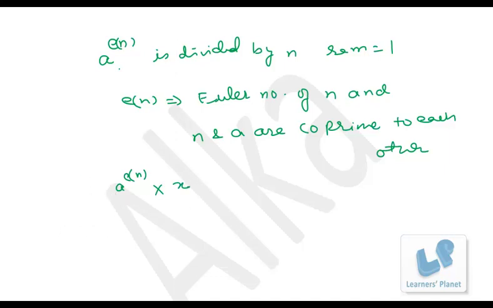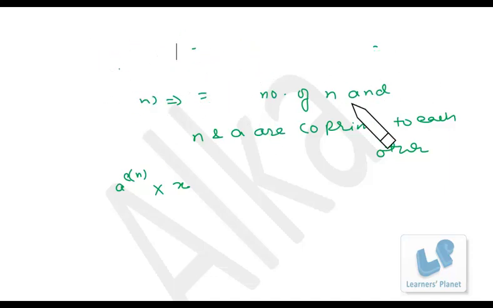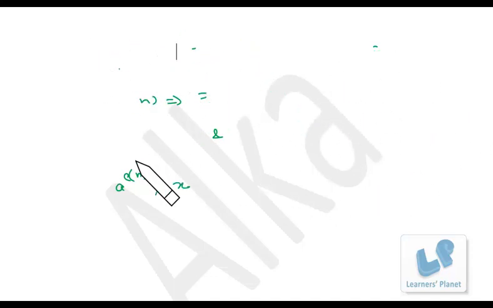So I will give you some examples where we will be using this application. One more thing. As I told you, the Euler number is the number of numbers which are co-prime to a number and less than that particular number. So we calculated the Euler number of 8, 6, 20, 15, 25.